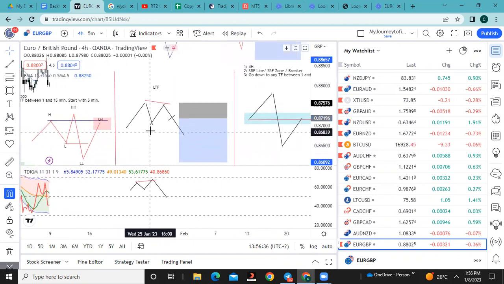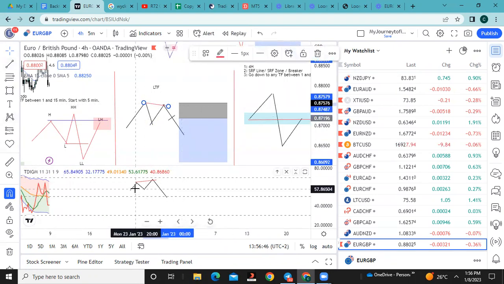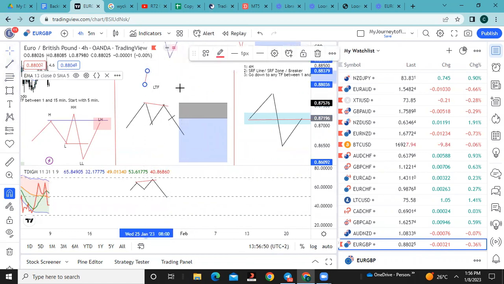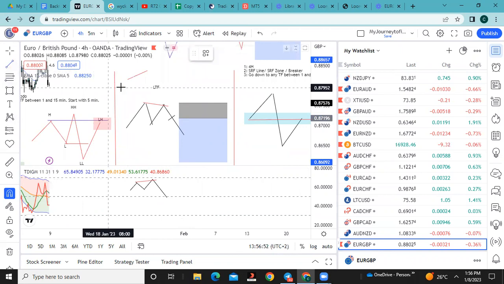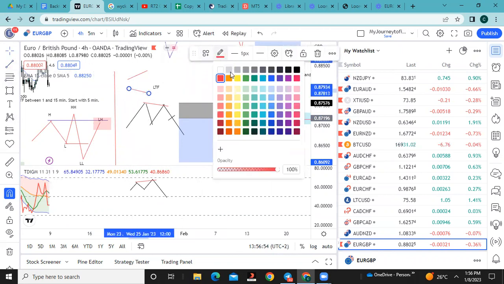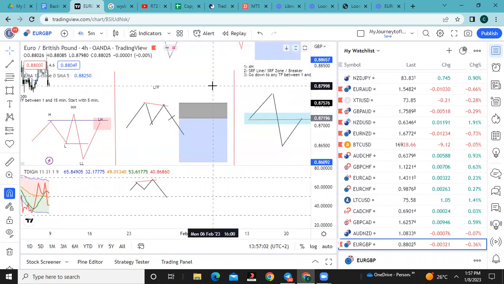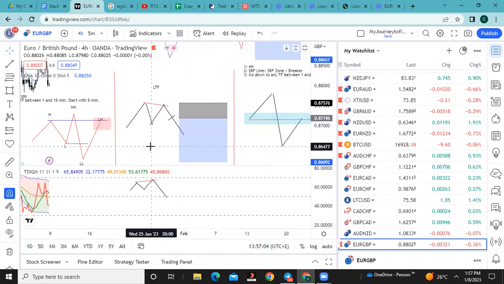Okay? Then we look for TDI divergence. Well, what is TDI divergence? Simply put, when price is making a lower low like that, and the TDI is going in the opposite direction, or if price is going higher and the TDI is going lower, you will look to sell or buy, depending on the bias, when price closes below the 13-year MA.